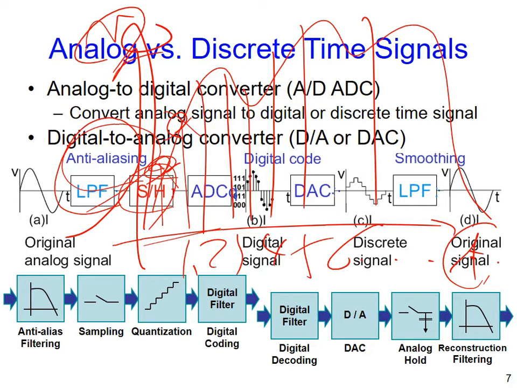How do we make the voltage discrete? We need the help of quantization. So sampling makes the signal discrete in the time domain, and quantization makes the signal discrete in the voltage domain. That's it, two major steps.